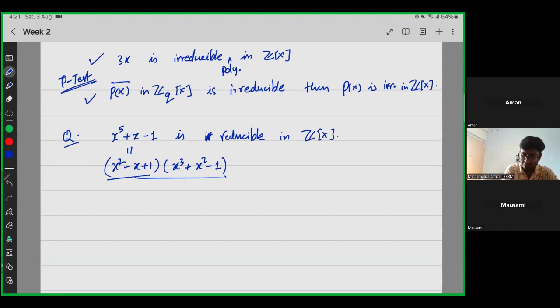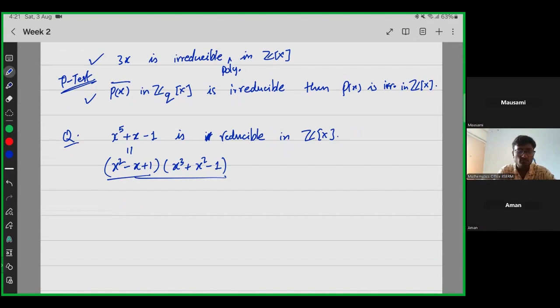So first of all, we want to look at whether there is a linear factor or not. If there is no linear factor in a 5-degree polynomial, then only a factorization of this kind is left, a 2-degree polynomial into a 3-degree polynomial.